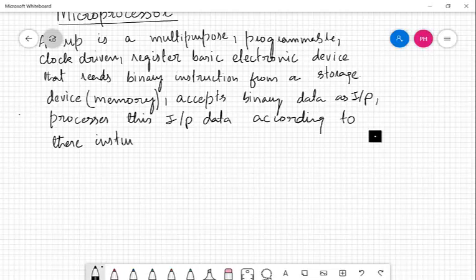It will process the incoming data according to what these instructions say and provides results as output, and that result will also be binary in nature.